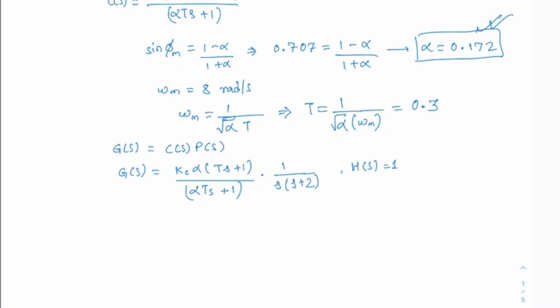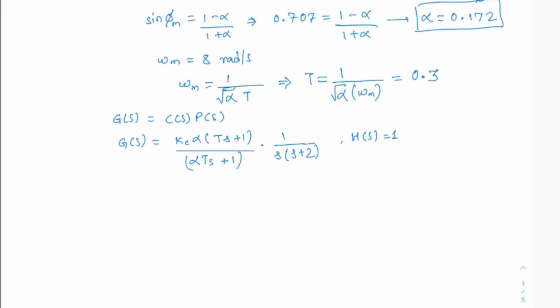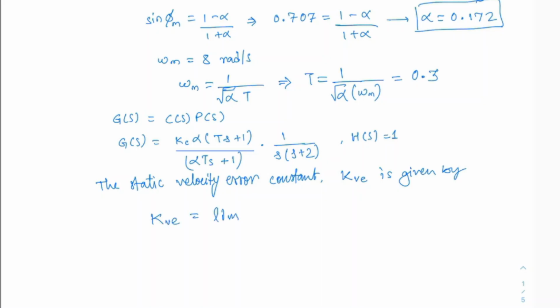So the static velocity error constant, say Kv, is given by limit S tending to 0 of Kc into alpha in bracket Ts plus 1 over alpha Ts plus 1 into 1 over S plus 2 and S.